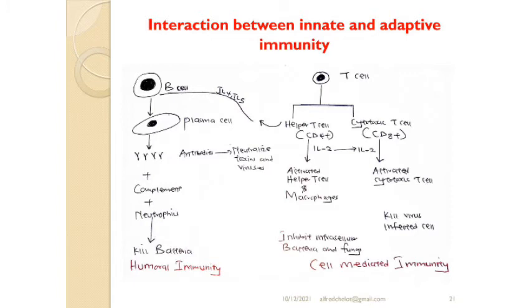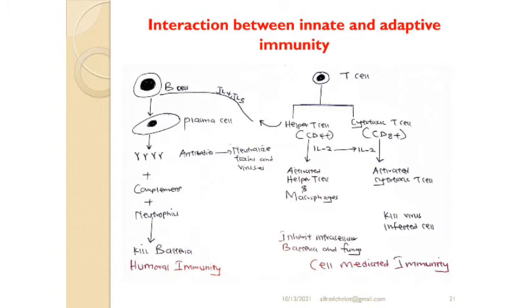Now, what about other components of the humoral immunity? The other components, which include the complement and the neutrophils, act by killing bacteria and other offending agents. Now, on the right side, like I've already said, we have the major components of the cell-mediated immunity.